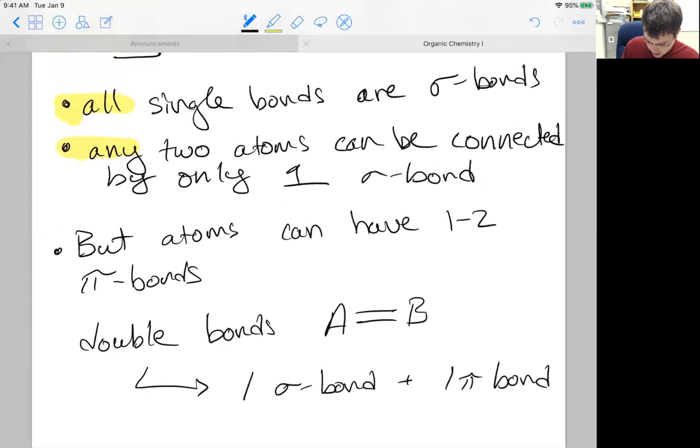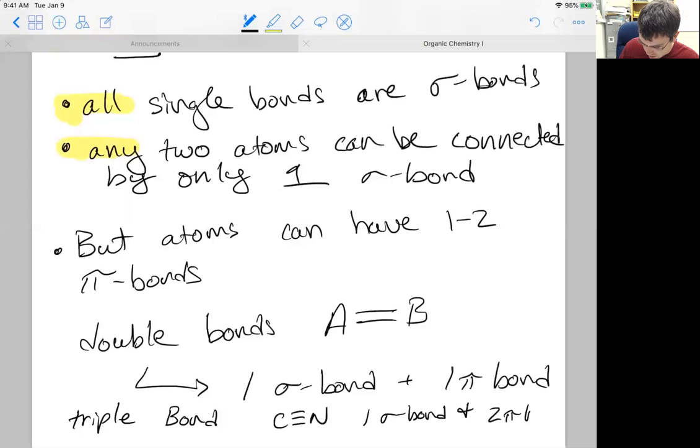But if that's true, then for a triple bond, let's pick real elements this time, carbon and nitrogen, cyanide, that's going to always have 1 sigma bond and 2 pi bonds. So our 3 bonds in a triple bond come from 2 pi bonds plus 1 sigma bond, whereas the double bond is 1 sigma bond and 1 pi bond.